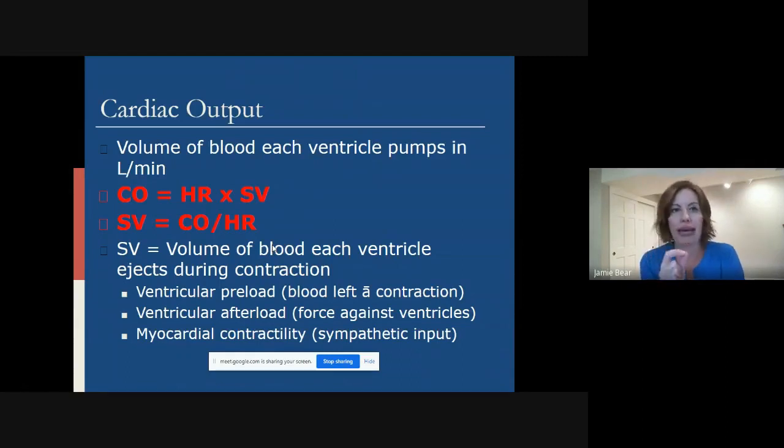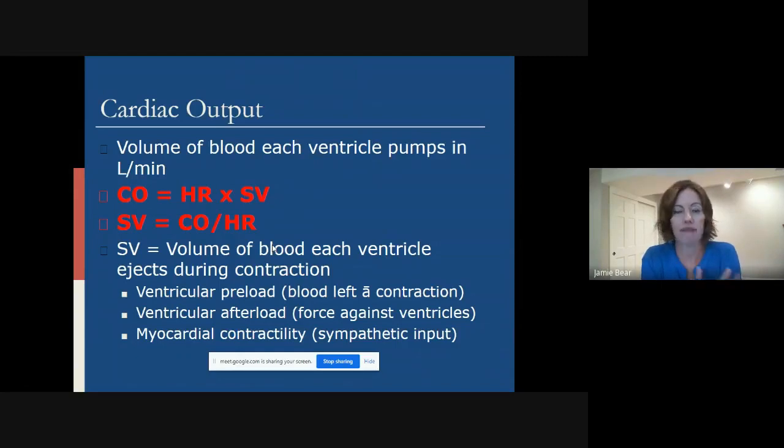So you could compare stroke volume to tidal volume, and heart rate to respiratory rate. Our cardiac output is the quantification of the amount of blood that gets pumped by our ventricles in liters per minute. Average, by the way, is 5 liters per minute.